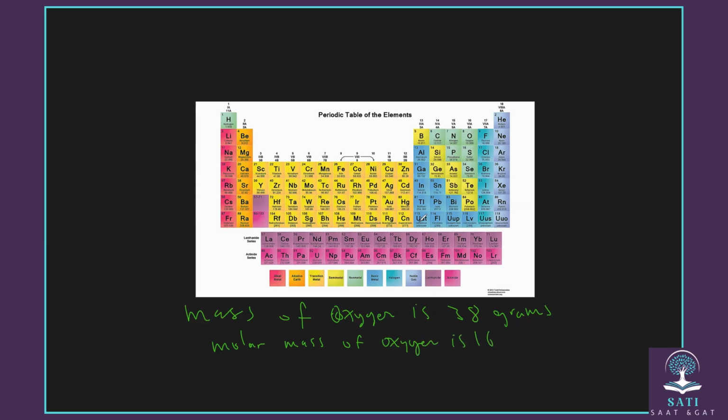Then find the number of moles. Here we go back to the previous equation that we stopped at. It was number of moles equals mass over molar mass. As you see, what is given is the mass, and the molar mass is given as 16.